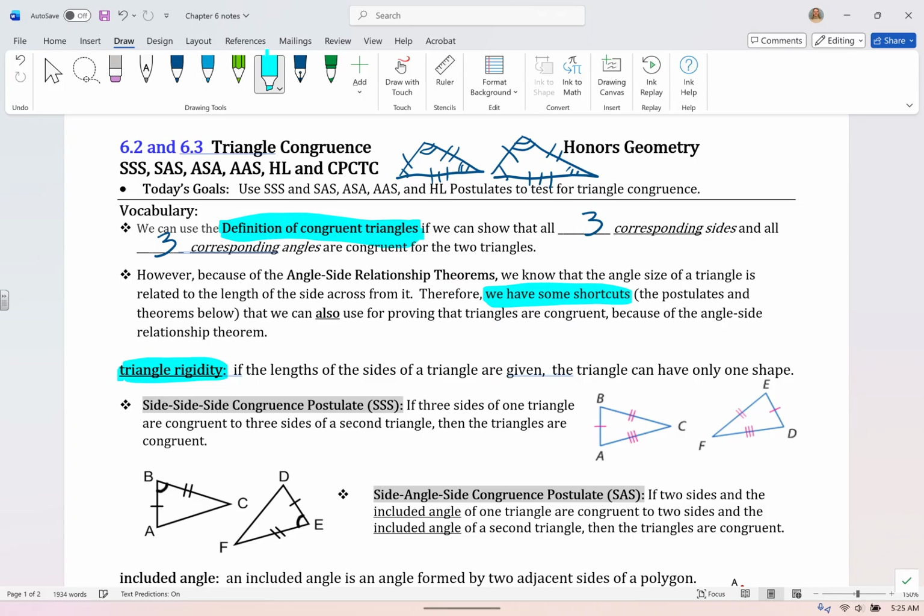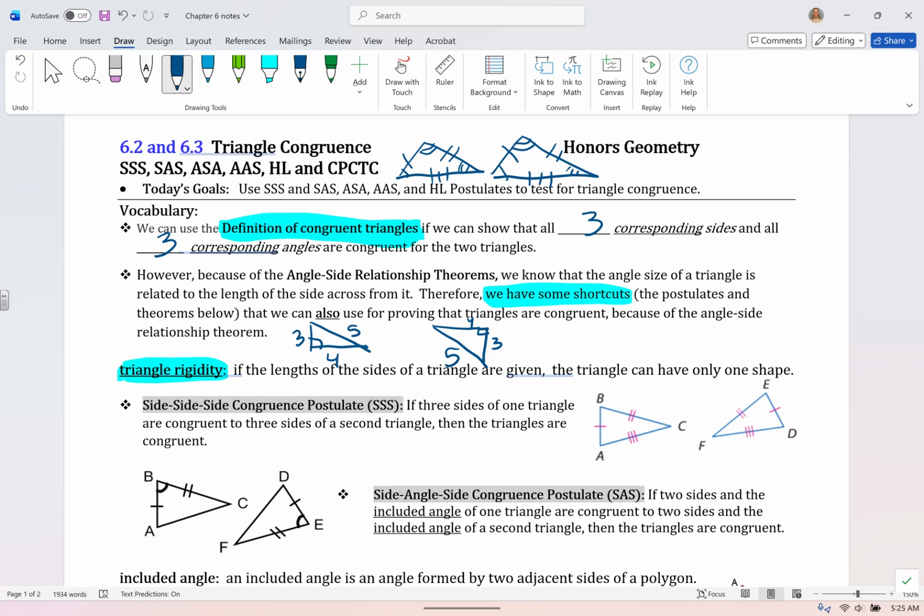Triangles are rigid. Once you have all three sides, they're not going to change and bend and make different shapes. You're like, I had no idea anyone would think about that, but they're not smushy. So if you've got a triangle that's 3, 4, and 5, and you have another one that's also 3, 4, and 5, those two will be congruent to each other, because whether you rotate them or reflect them, remember we did the isometric transformations, which were rotations, reflections, and translations.